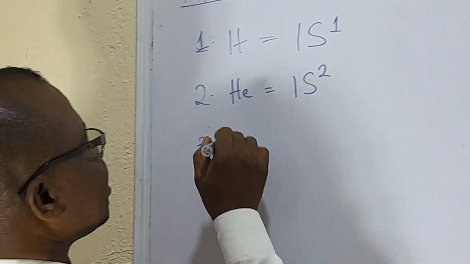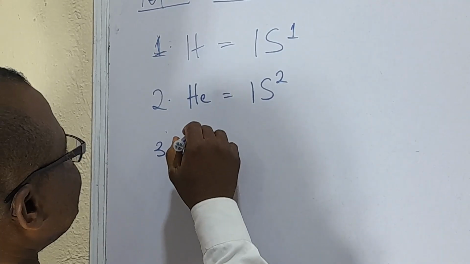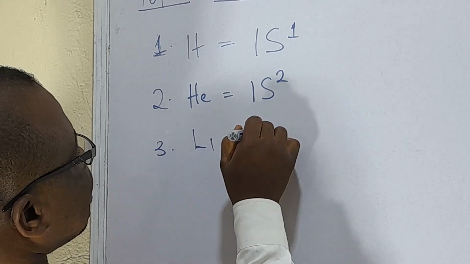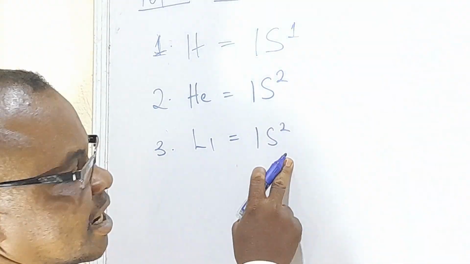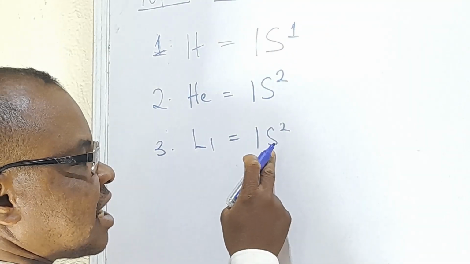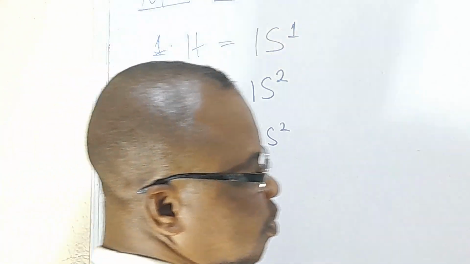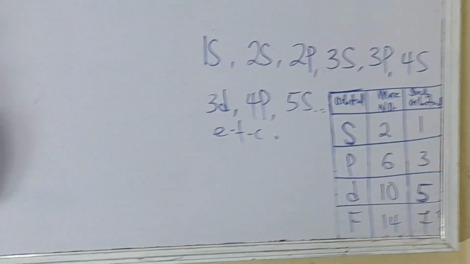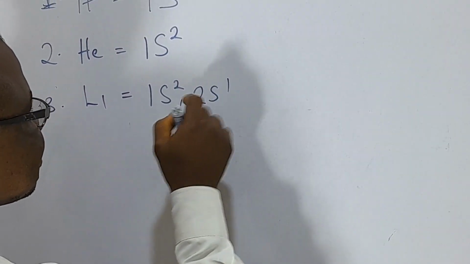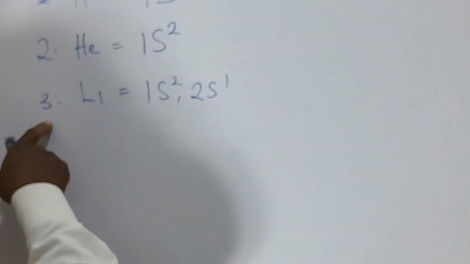Now let's do number 3. We have hydrogen, helium, lithium. You have 1s2, and we are done with that energy level. Remember the maximum is 2, so we go to the next one, 2s1. 2 plus 1 gives us 3.